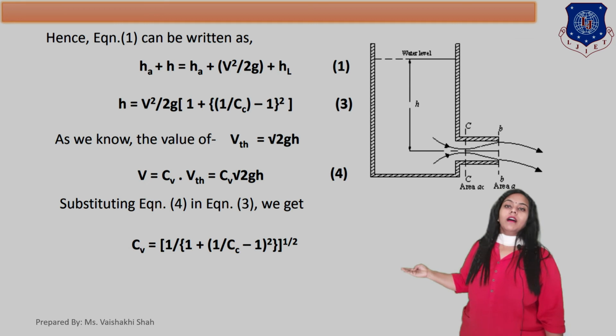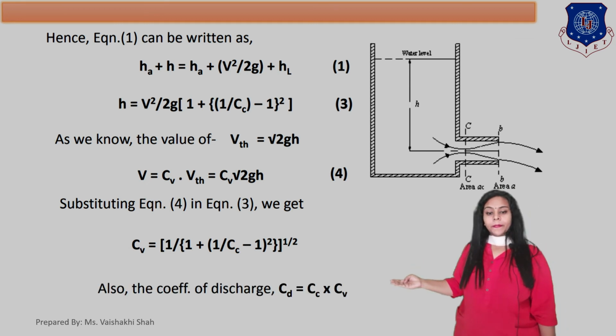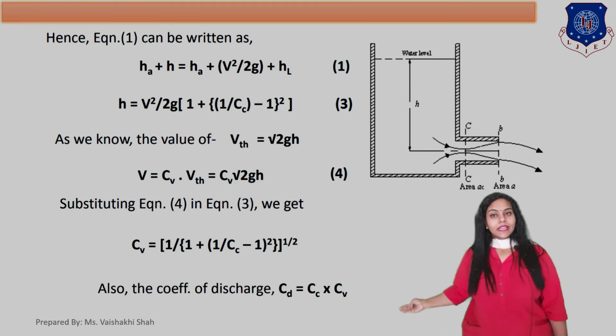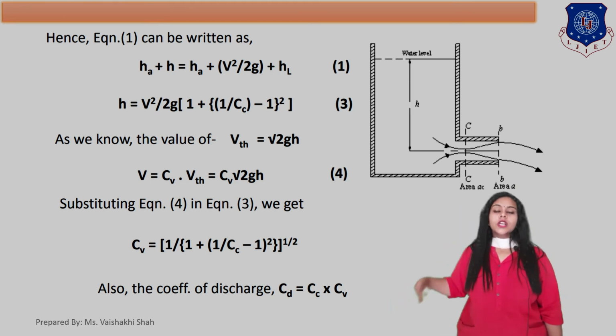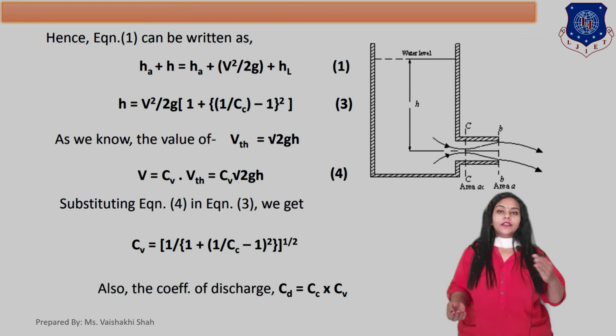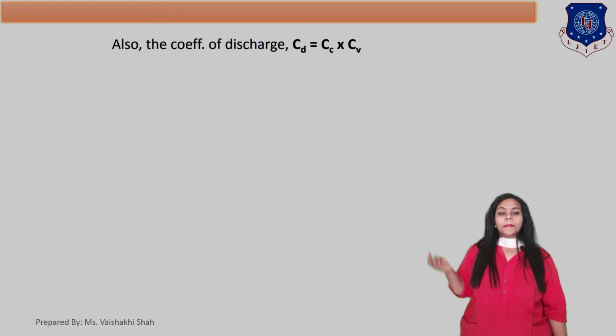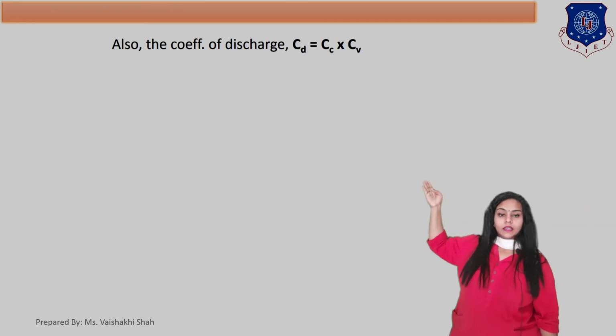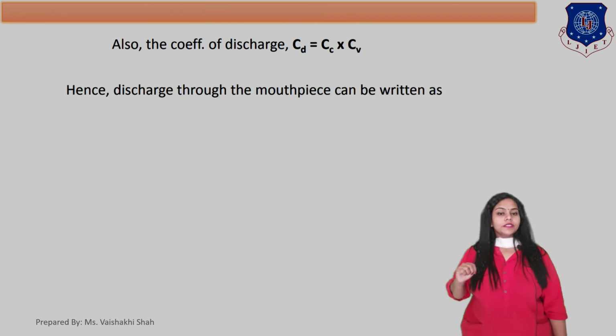This is the formula for Cv. Now we also know that CD, the coefficient of discharge, equals Cc into Cv.